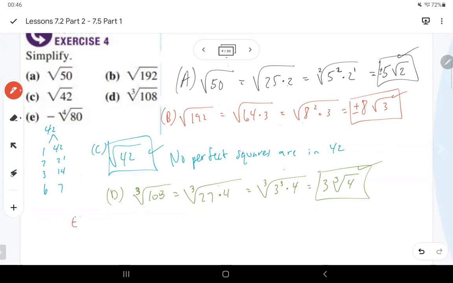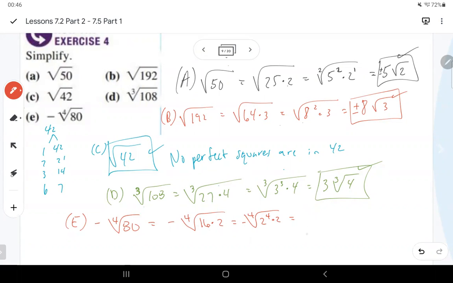All right, for E, we will have a negative answer only because the negative is outside of the radical. The perfect fourth within 80 is 16. So you can see that 80 is a perfect fifth root actually.